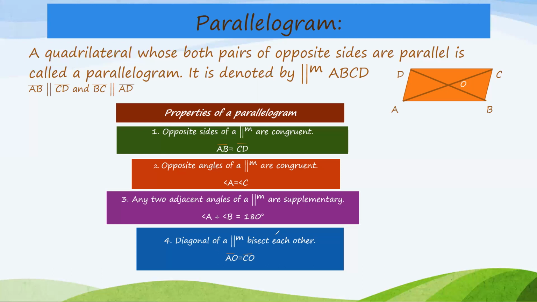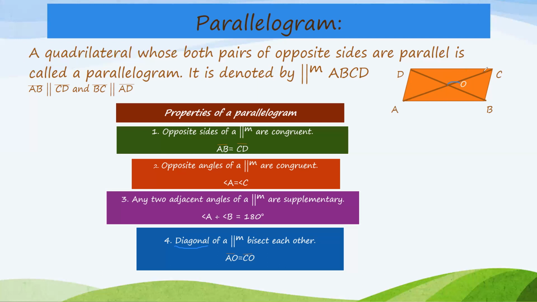Now the diagonals. The fourth property, the last property of parallelogram is of diagonal. Okay, the diagonals of the parallelogram bisect each other. Okay, what is the meaning of bisect each other? Here you can see the diagonal number 1, AC, and diagonal number 2 is BD.